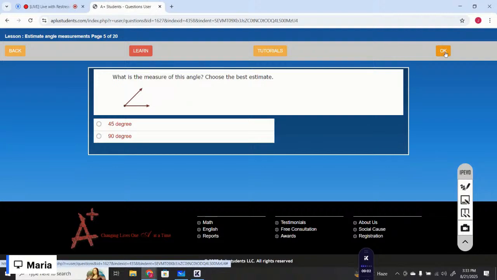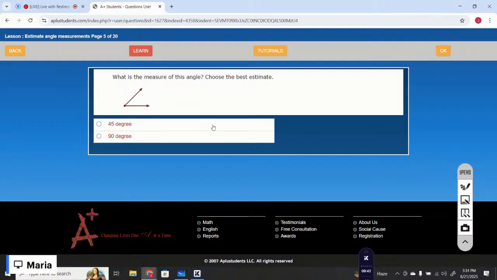What is the measure of this angle? That is 45 degrees. Option number one is the correct option.